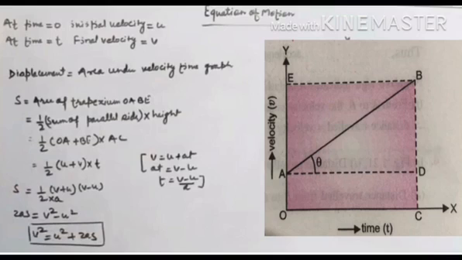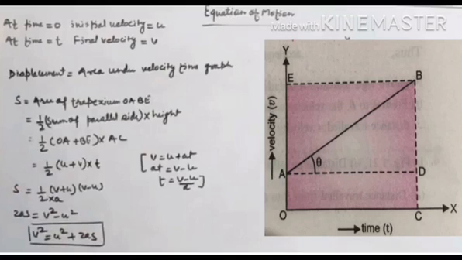We get S is equal to (V plus U)(V minus U) upon 2A. By using the algebraic formula (A plus B)(A minus B) is equal to A square minus B square, S is equal to V square minus U square upon 2A.